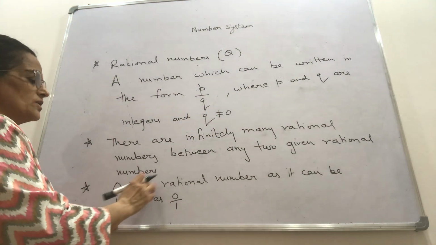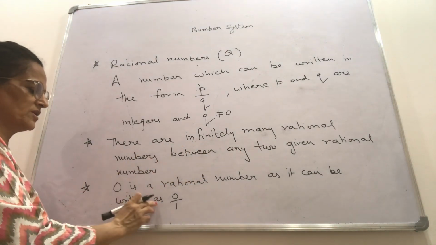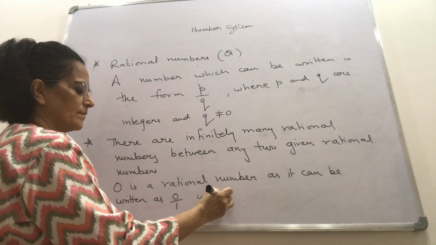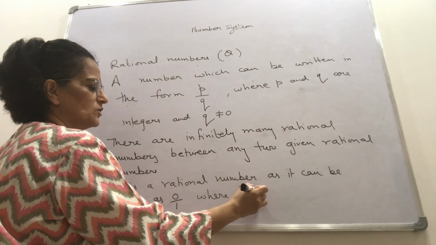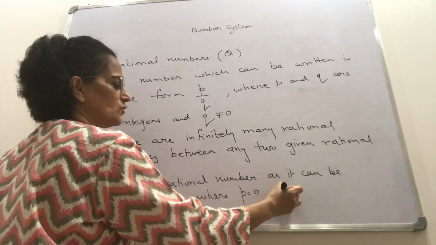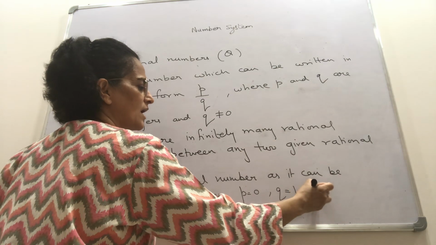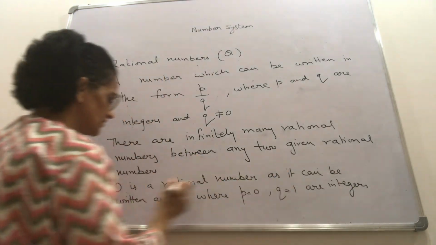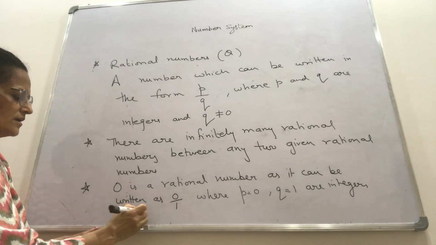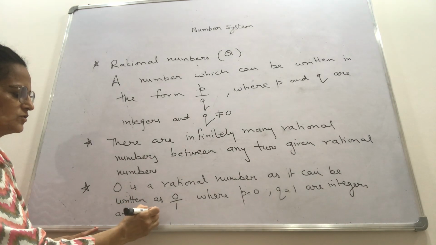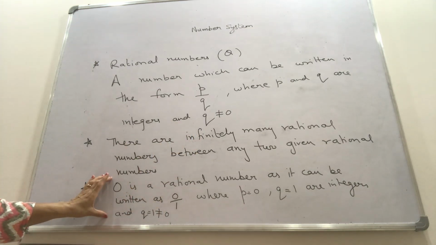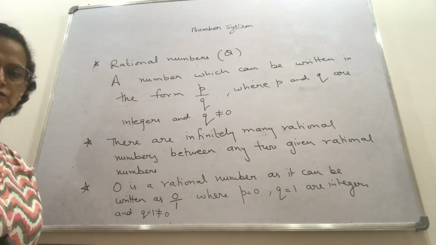So 0 is a rational number as it can be written as 0 by 1, where P is equal to 0 and Q is equal to 1 are integers, and Q, which is 1, is not equal to 0. So this satisfies the definition of a rational number.